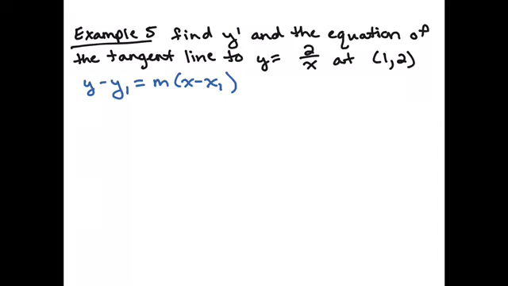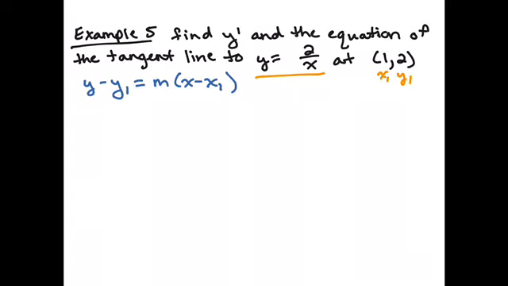So what I need in order to write an equation of a line is a point and a slope. Well, I gave you the point. It's over here. Here's my x1, y1. And slope is, say it for me. Derivative. It's derivative. So to find the slope, we have to take the derivative of this.